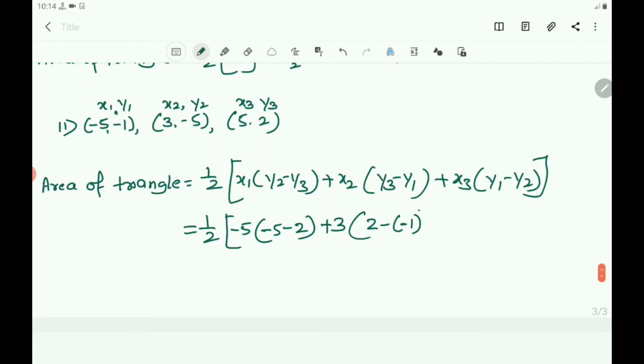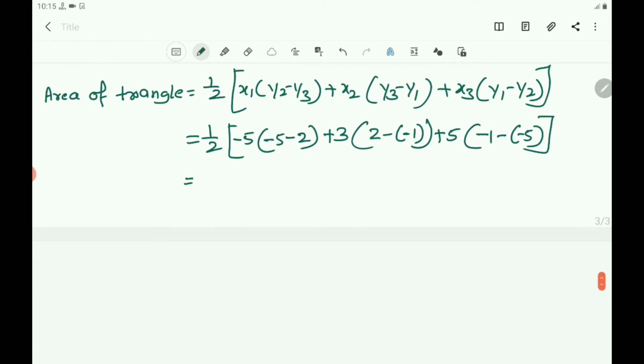Now then plus x3. x3 is 5. Into y1 is -1 minus y2, that is y2 is -5.